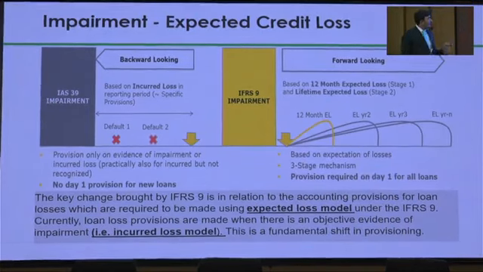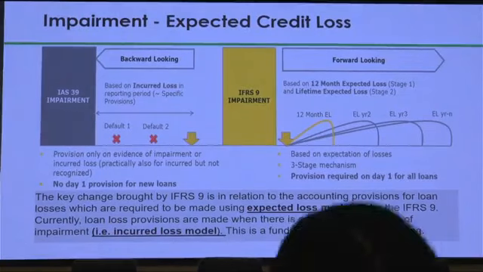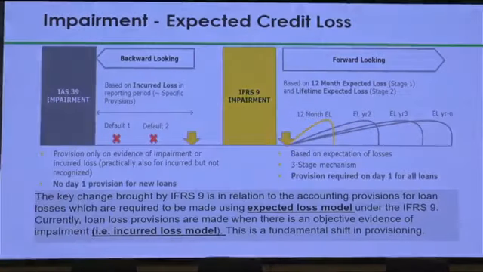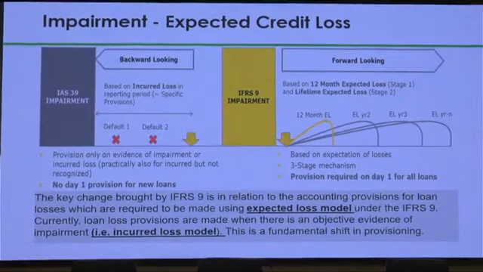IFRS 9 does not prescribe any methodology for computation of expected credit loss, but it sets out certain principles within which you can adopt any methodology of your choice. Any recognized methodology that takes into account historical information and can compute forward-looking loss rates is acceptable under IFRS 9.